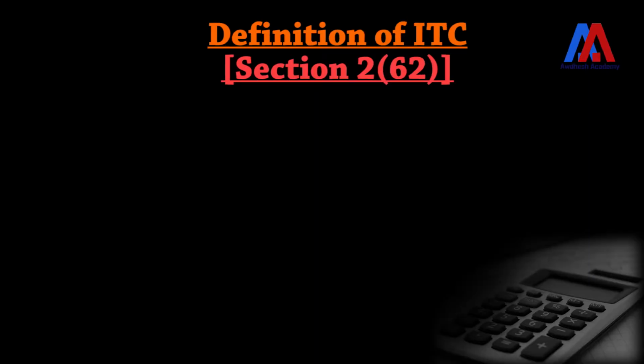Now today we are going to learn about the important definitions which are relevant for knowing the input tax credit in a better manner. So let us first understand the definition of input tax itself, which is provided in section 2(62) of the CGST Act.